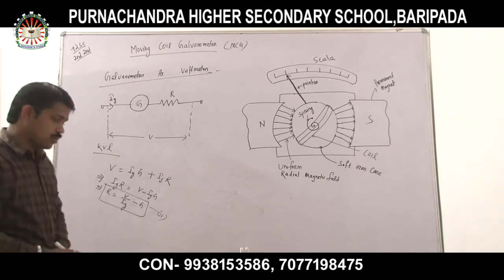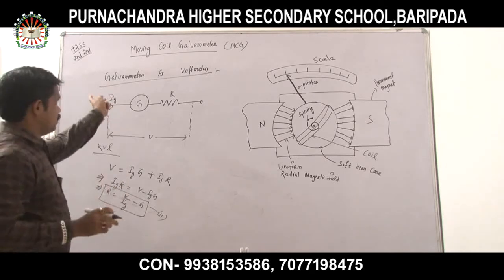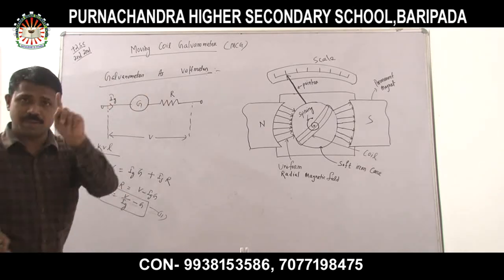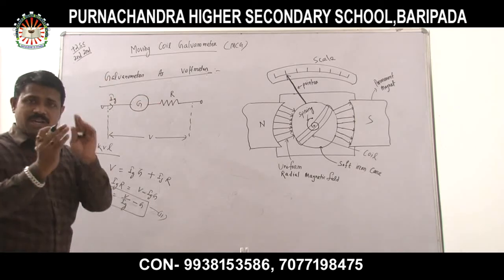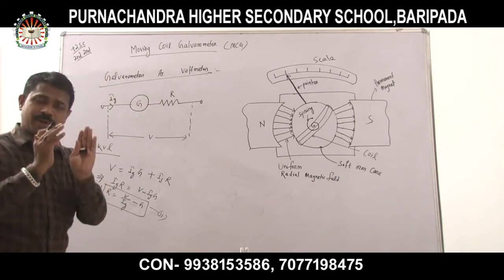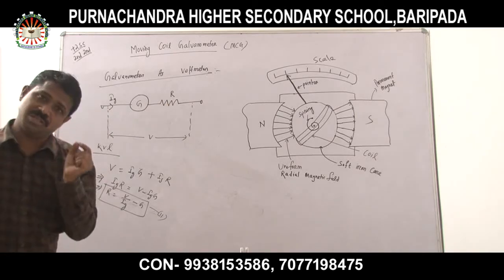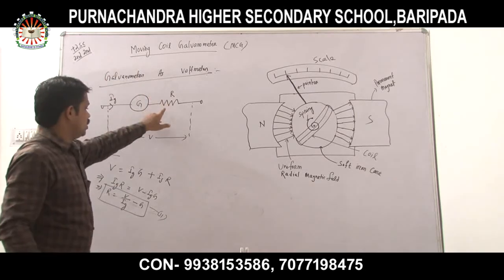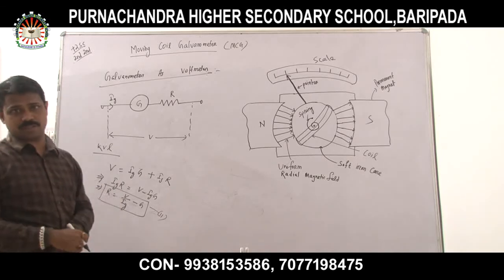Understood all of you? Now, when I compare these two structures, previously I did galvanometer as ammeter, here I have done galvanometer as voltmeter. The difference is that in the ammeter we used a small value resistance in parallel, and in the voltmeter we use a larger value resistance in series. This is the main difference.